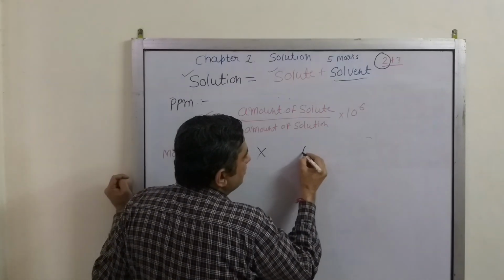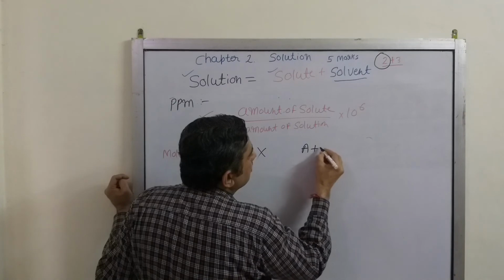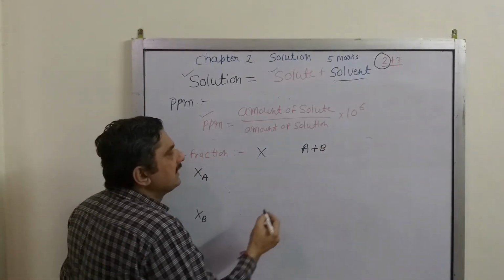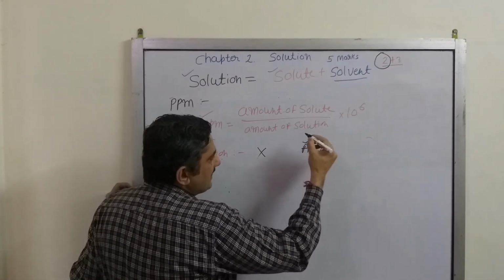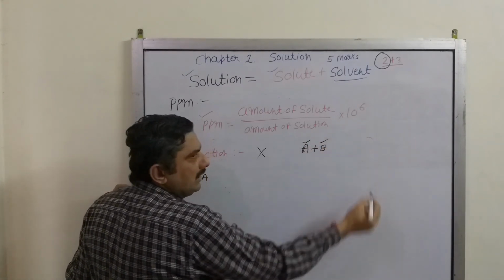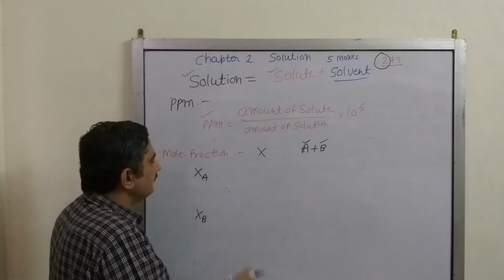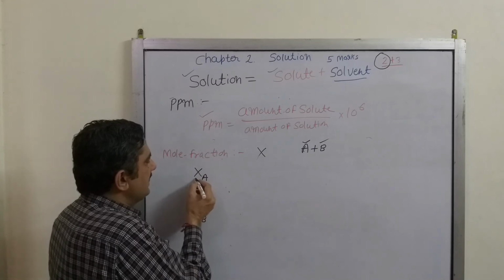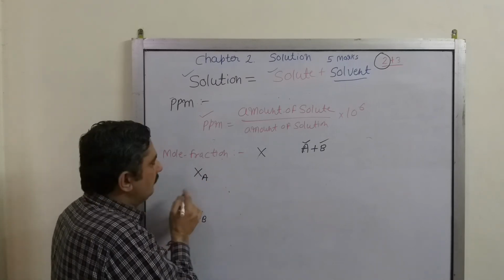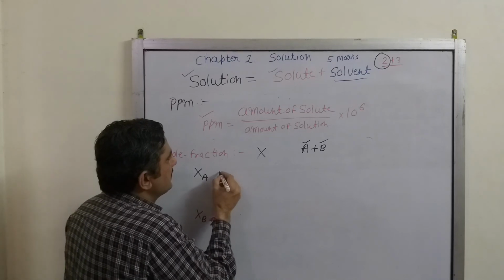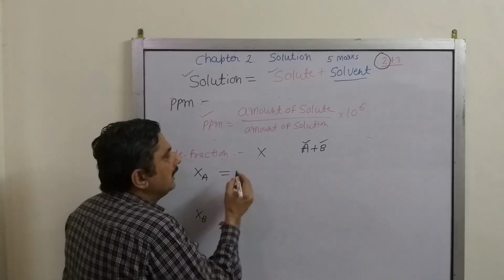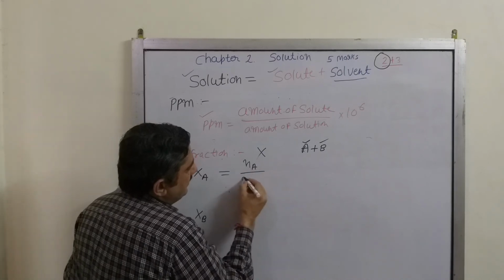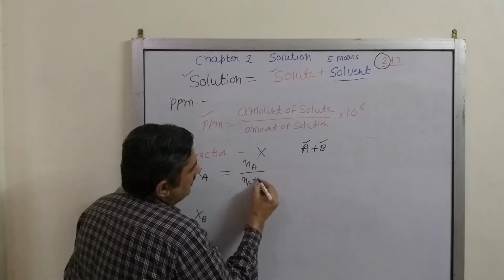For a binary solution, meaning where two substances, solvent and solute, are present, if we want to determine the mole fraction, then the formula is XA, mole fraction of solvent, is equal to number of moles of solvent upon total number of moles.